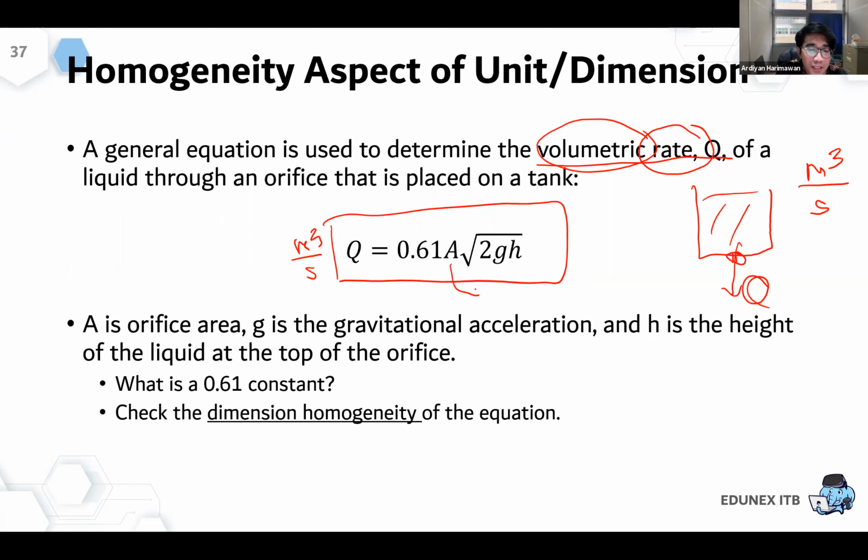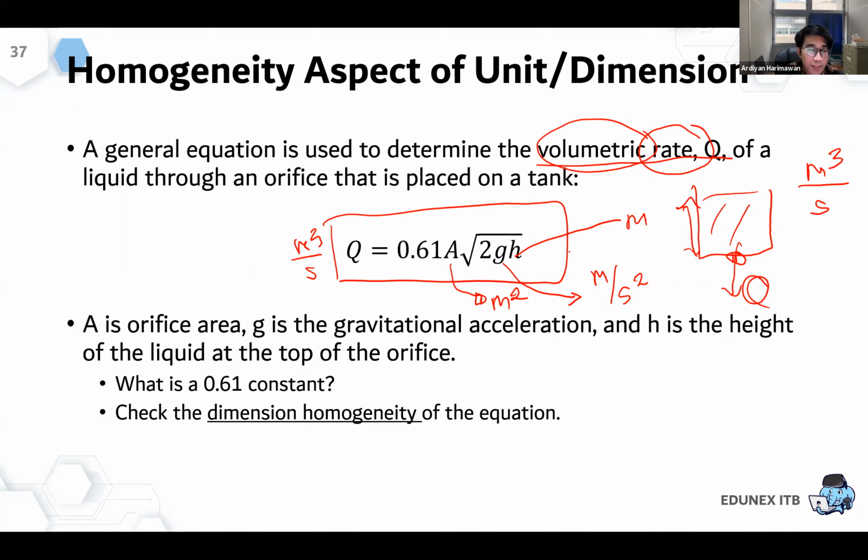A is the area, so this is the orifice area, in square meters. g is gravitational acceleration, so it's this one. And h is the height of the tank, so this will be meters. So you can analyze the units, whether the formula is correct or not, by checking the homogeneity of the units between the left side and the right side.